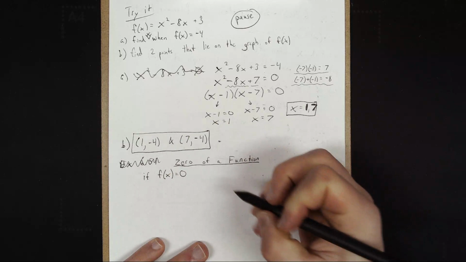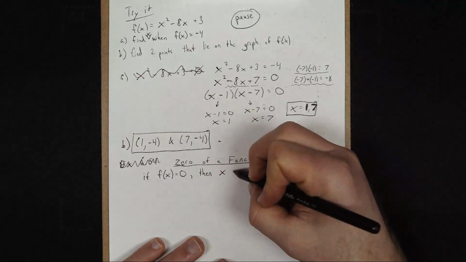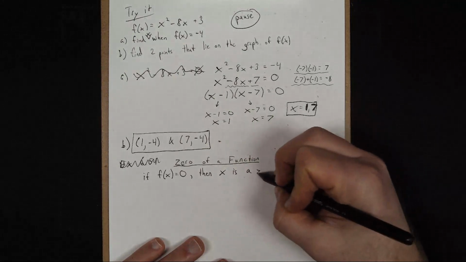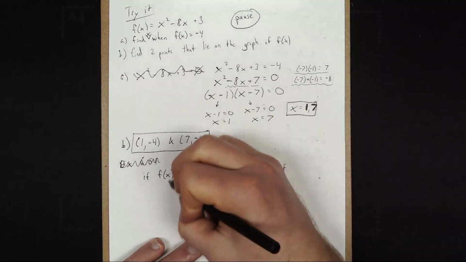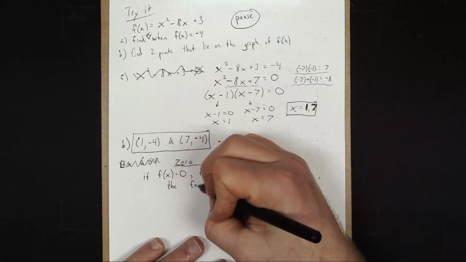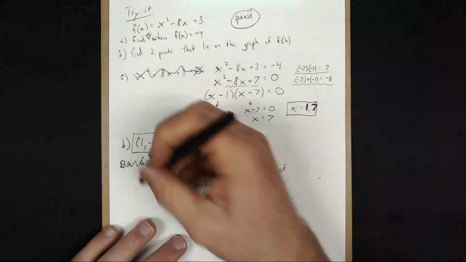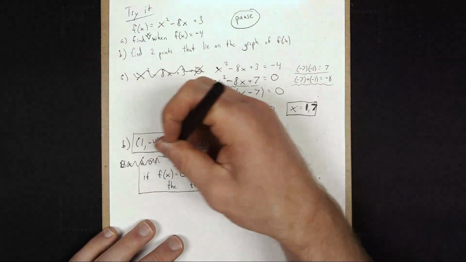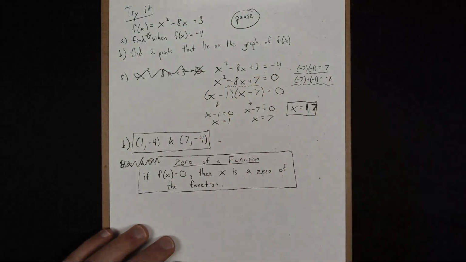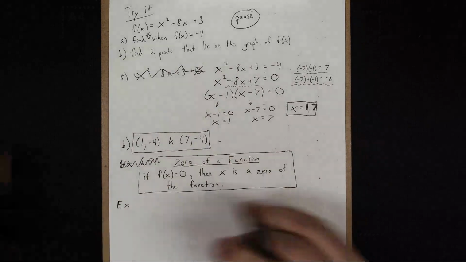If f of x is equal to 0, then x is a 0 of the function. That's all we say. Then x is a 0 of the function. So go ahead, put a box around that. Keep it in your notes. Okay, so now we have enough information to do the next example.